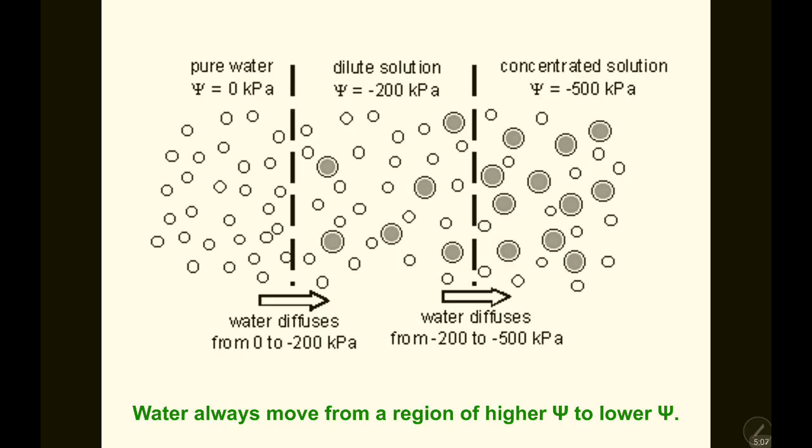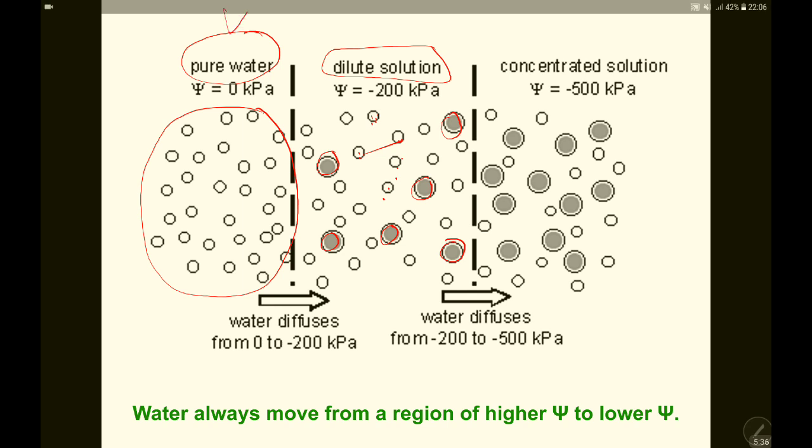The other example: pure water has the highest water potential. It only consists of water molecules, so their kinetic energy is very high. Compared to the second region here, which has a dilute solution with some solute present, the presence of solutes lowers the kinetic energy of the water molecules, so they are not as free to move as in region 1.